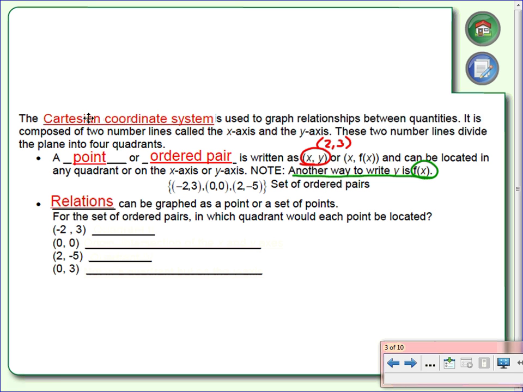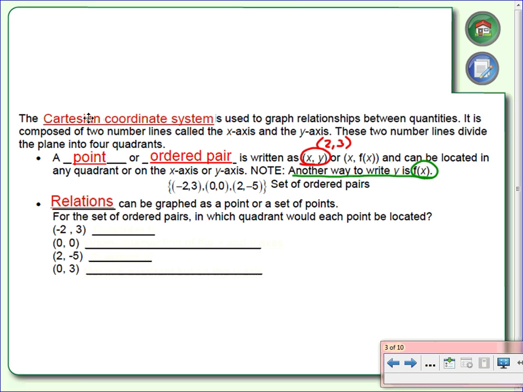Or we can also say a set of points. So either one is accepted. So again, a relation is a set of points or a set of ordered pairs. As a matter of fact, if you look over here, guys, I have something called a word wall. That word relation comes up quite a bit. So if you ever forget, right here it says a relation is a set of ordered pairs or a set of points.